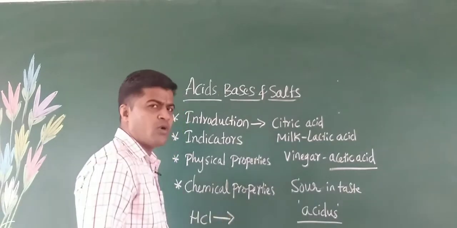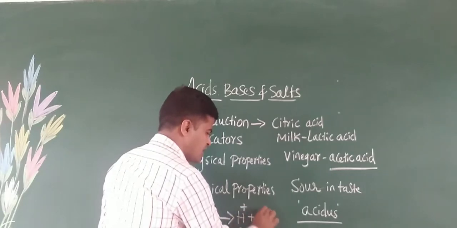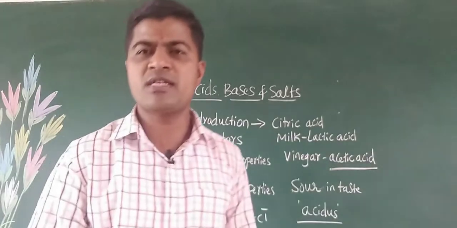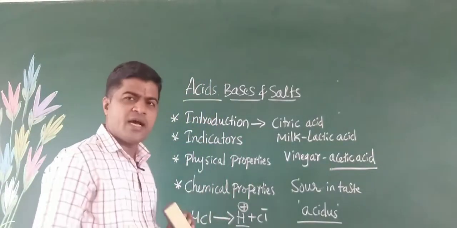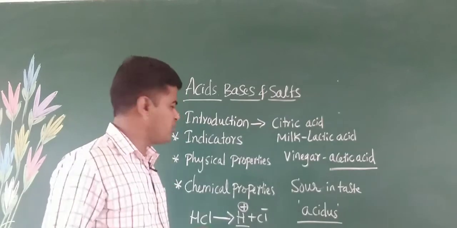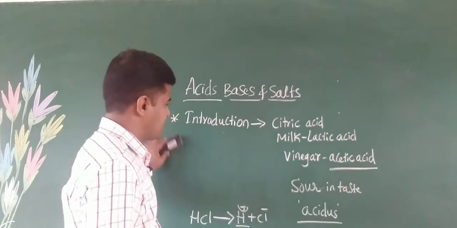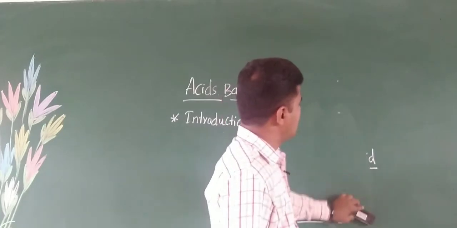When it is dissolved in water, it gives H plus ion and Cl minus. So acids are the ones which give H plus ion when dissolved in water. That is what we call acids.